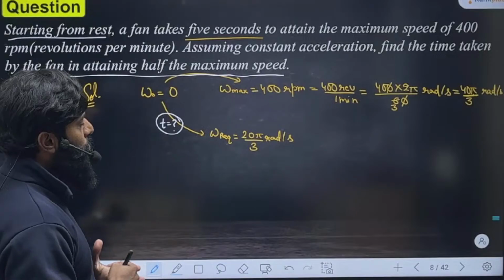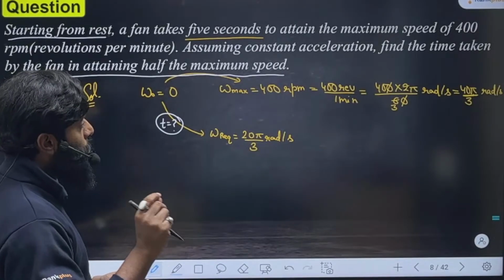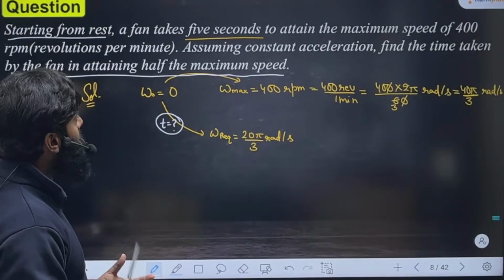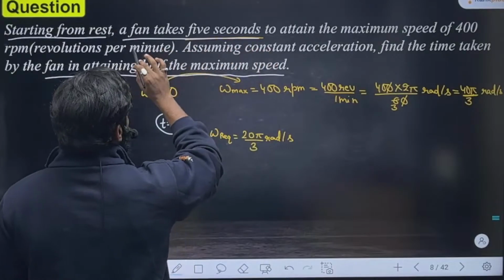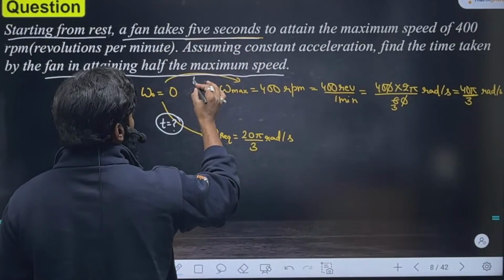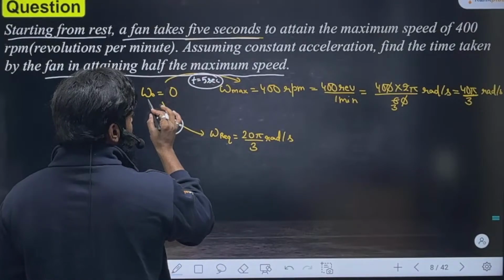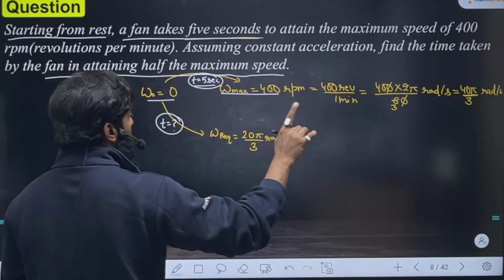For that, one more data is required. A fan takes 5 seconds. Using these three data, you can find out alpha.